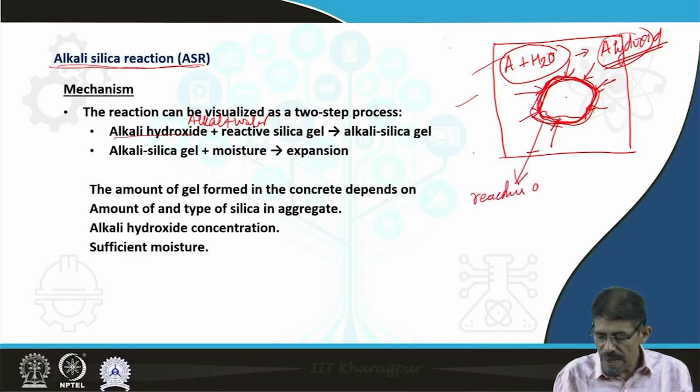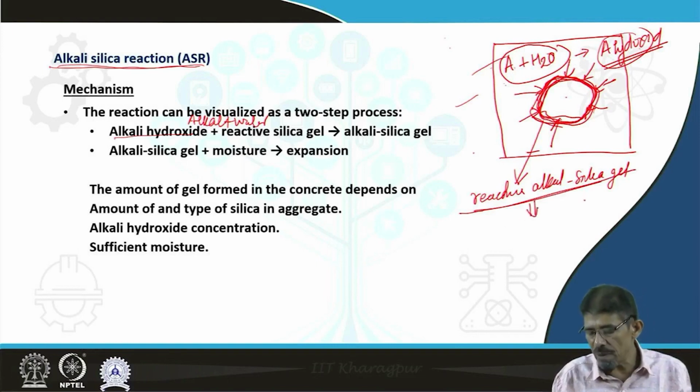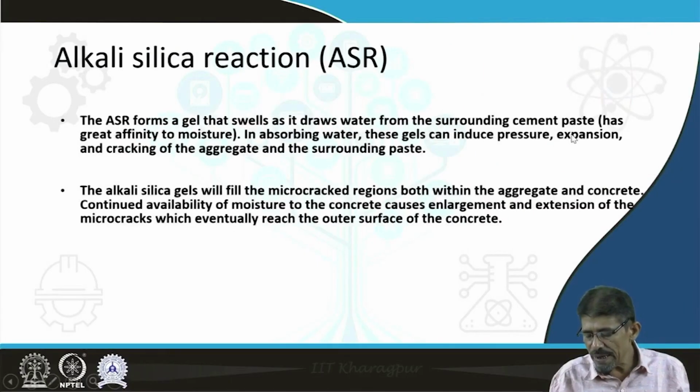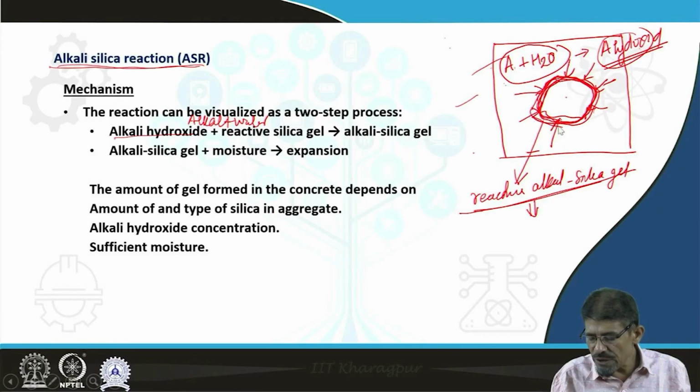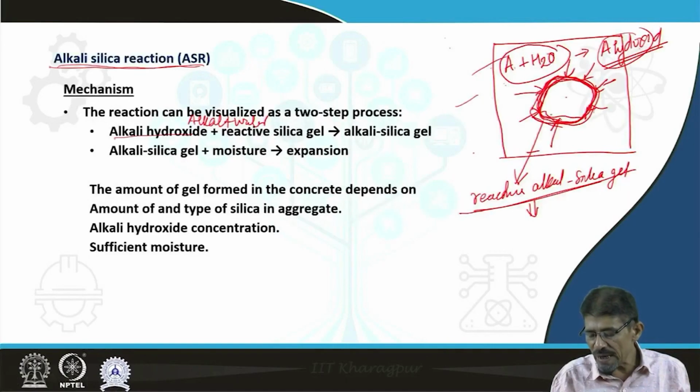This alkali silica gel has a tendency of expansion in its volume. Here you can see this zone is full of alkali silica gel, and alkali silica gel has a tendency of expansion.